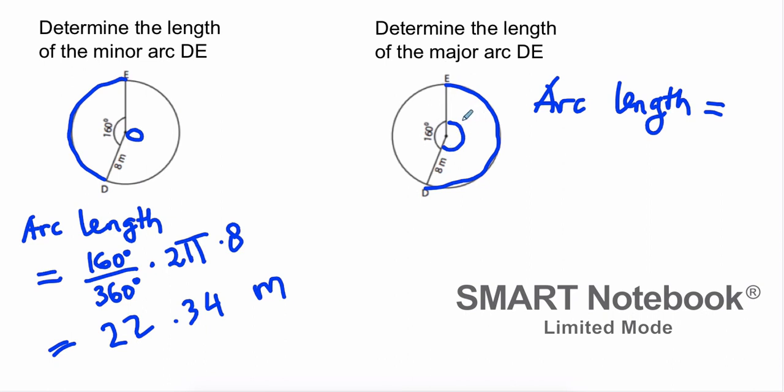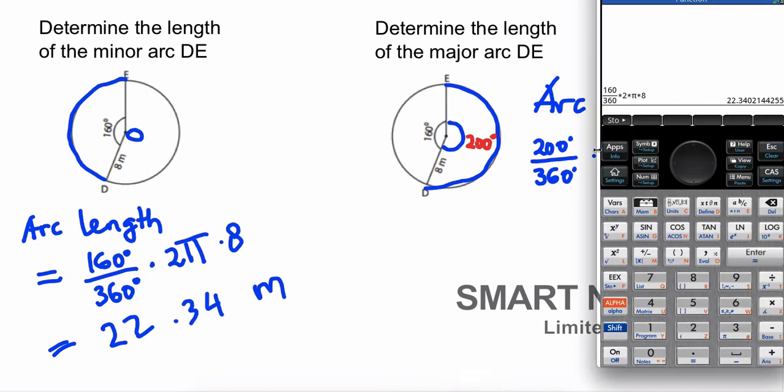And of course, you know that the whole circle is 360 degrees, so this angle here must be then 200 degrees. From 360 subtract 160. Okay, so then in this case we will have 200 over 360 multiplied by 2 pi r, and r in this case is 8.